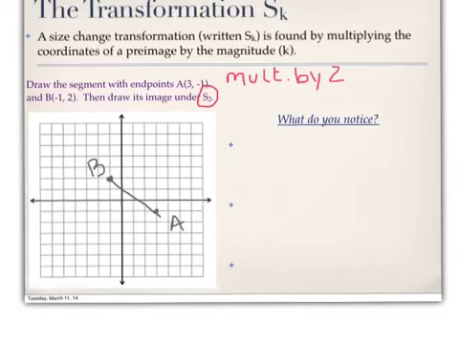So that first one, 3, -1, would become 6, -2. 3, 4, 5, 6, and -2 is down here. And so this would be A prime now. B would be -2, 4. Okay, so that's B prime. Connect those.